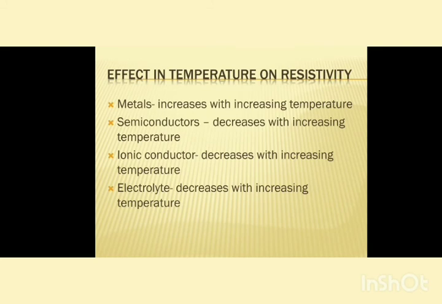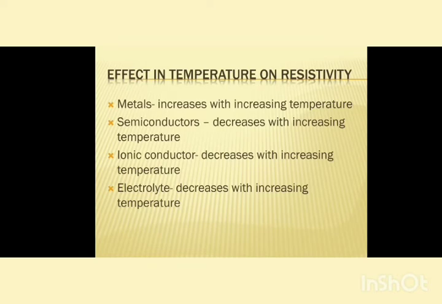Then what is the effect of temperature on resistivity of certain materials? For metals, how does increasing temperature affect the resistivity? You know, in metals, when the temperature increases, the electrons move faster inside the metal. And you know that resistance is due to the collision of electrons with the atoms.